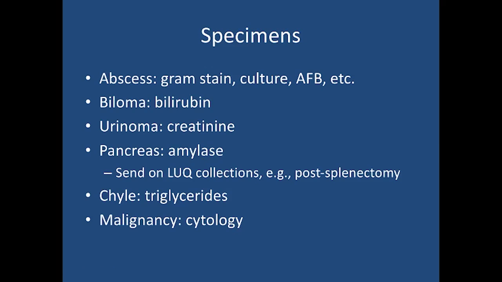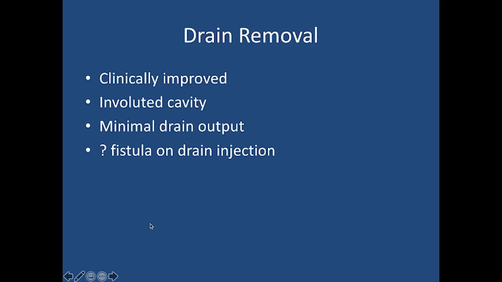Sometimes a pancreatic leak is not known ahead of time and is discovered simply because the operator realized that it was a left upper quadrant collection and thought to send the amylase as well as for microbiological data. For chyle leak, triglycerides, and then of course cytology for suspected malignancy.